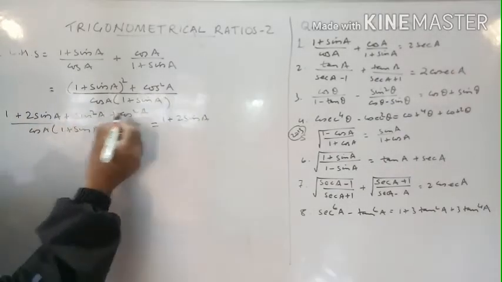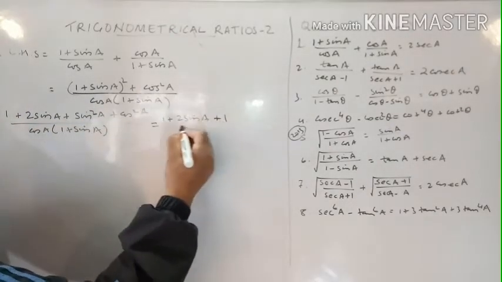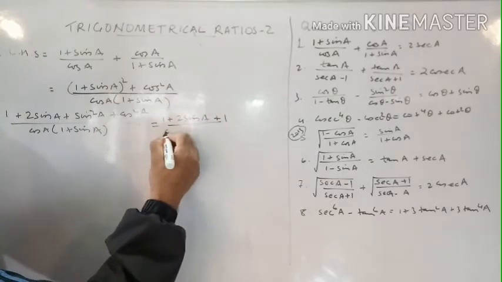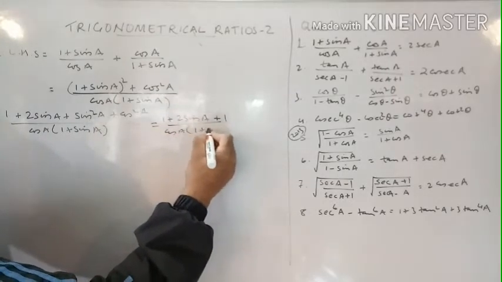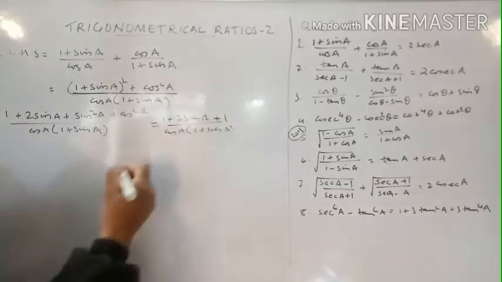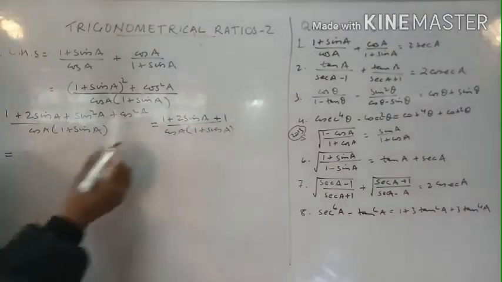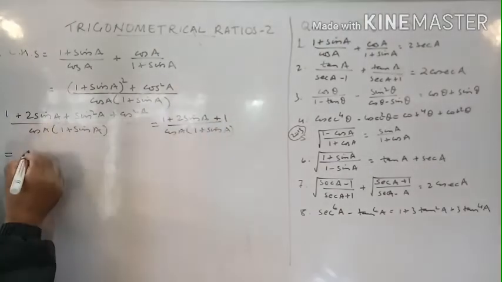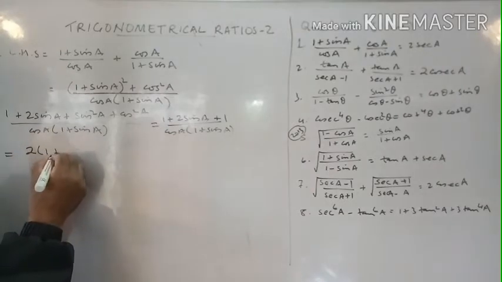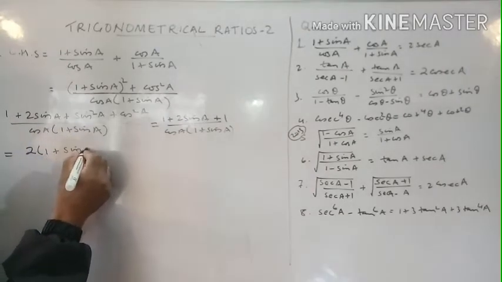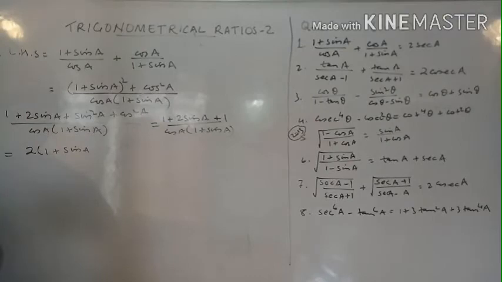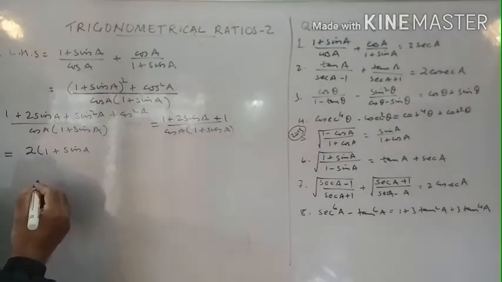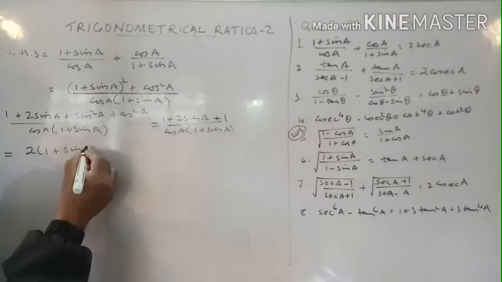Now sin square A plus cos square A, you know it is 1. So we can write 1, and cos A (1 + sin A) as it is. So 1 plus 1 is 2. If you take 2 common, we get 2(1 + sin A) by cos A (1 + sin A).